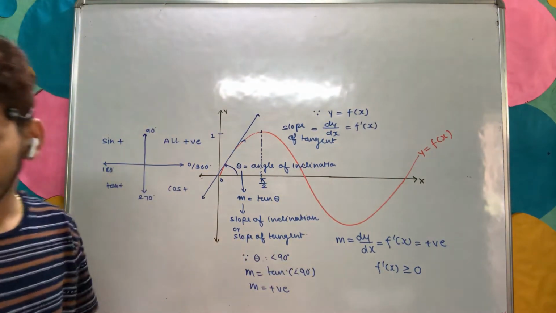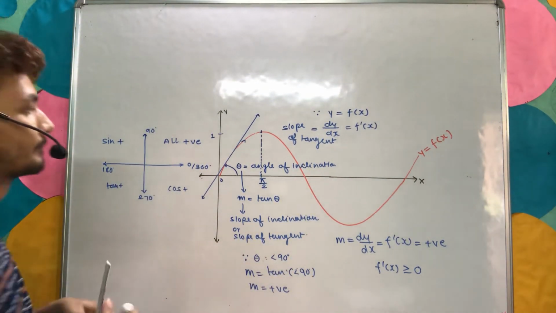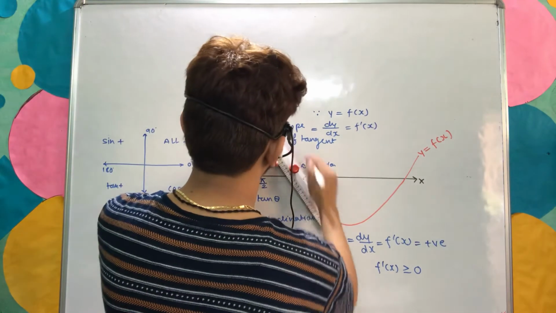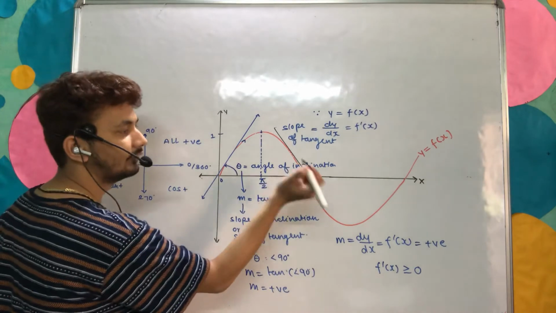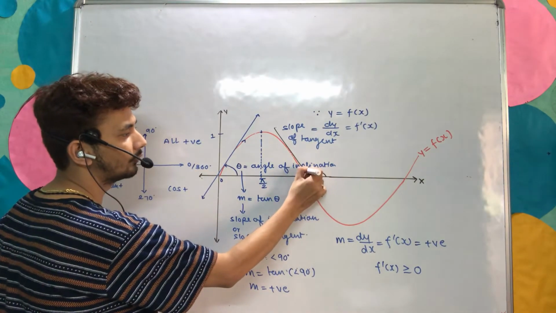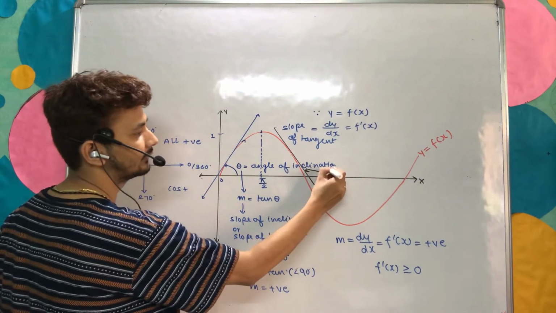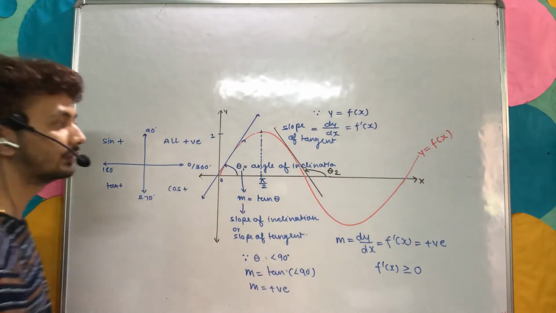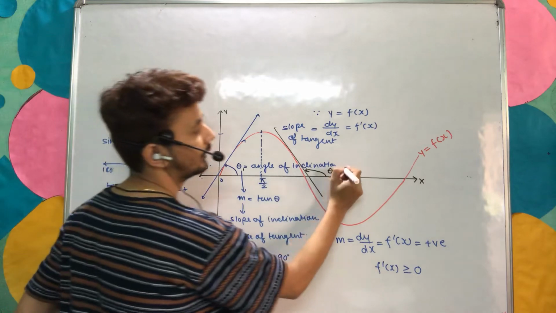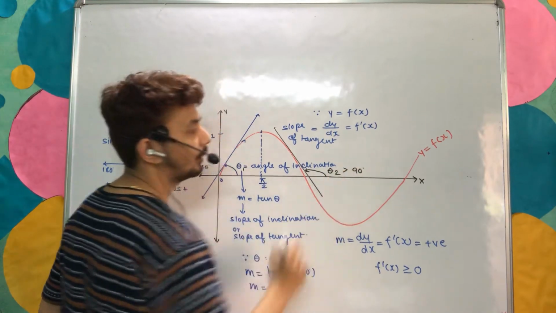Now I will draw another tangent here, and this tangent will again make an anti-clockwise angle. Say this is theta 2, and I am saying this is theta 1. Here I can notice that theta 2 is greater than 90 degrees. How can I say this?